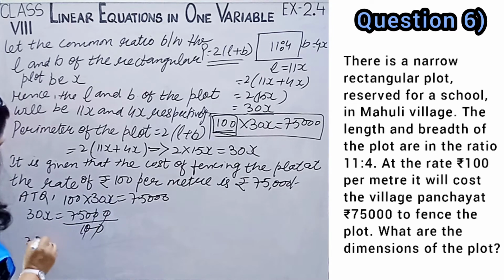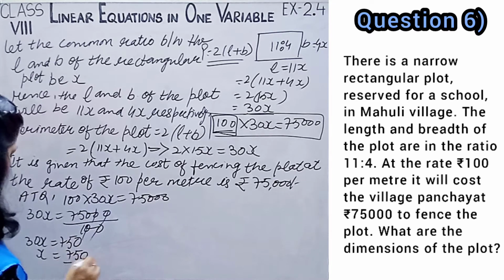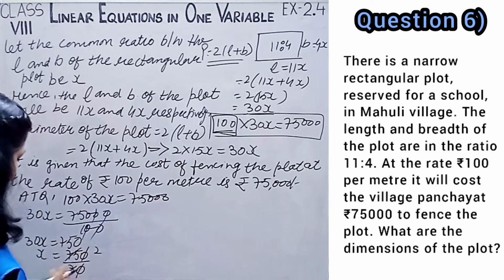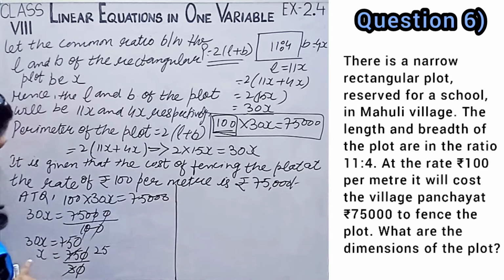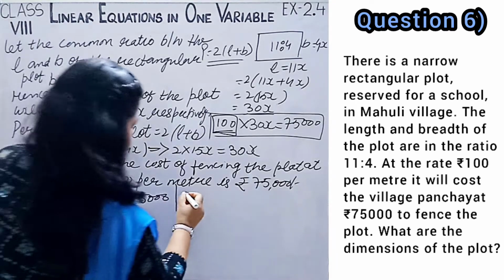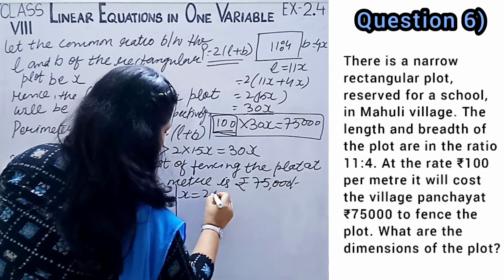Now 30x is equal to 750. x is equal to 750 over 30. Cancel out. 3 2s are 6, 3 5s are 15. So x is equal to 25.